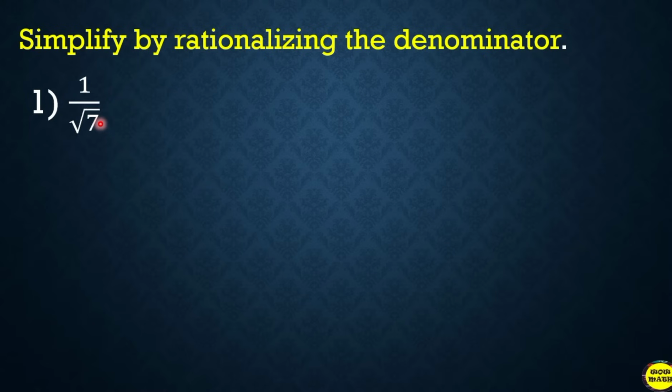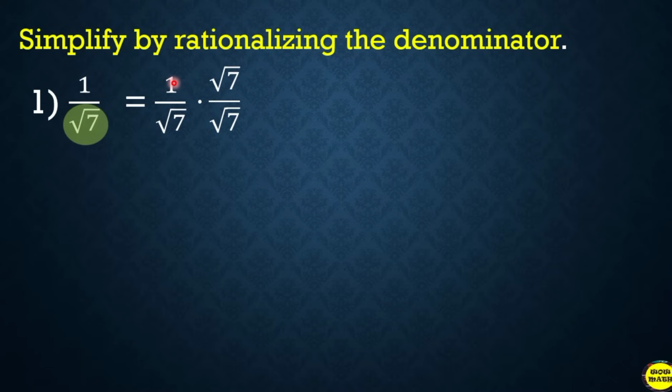So, dyan papasok yung rationalizing the denominator na kung saan ang gagawin natin, imumultiply natin yung fraction natin doon sa expression na nandun sa denominator natin. Since yung nasa denominator natin square root of 7, so both numerator and denominator, okay class, imumultiply natin. I-rationalize natin by multiplying yung given natin dun sa denominator natin, and that is square root of 7.